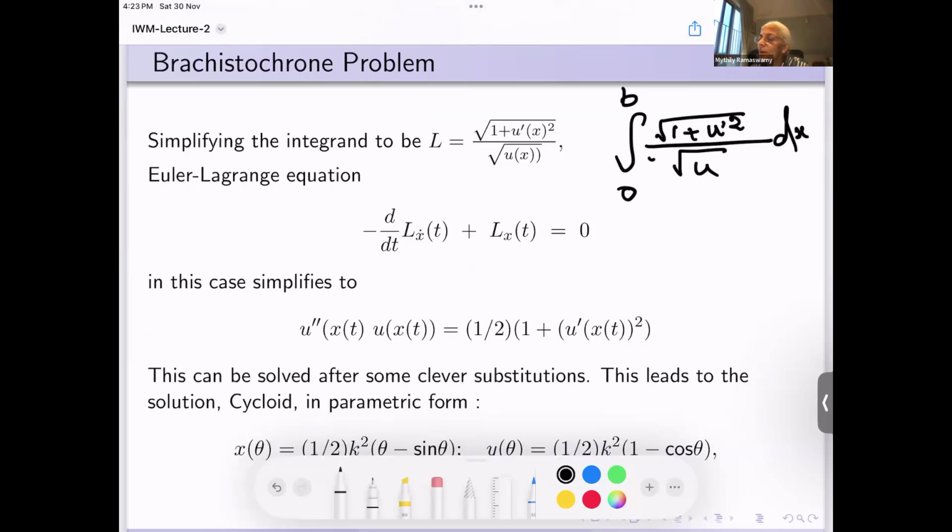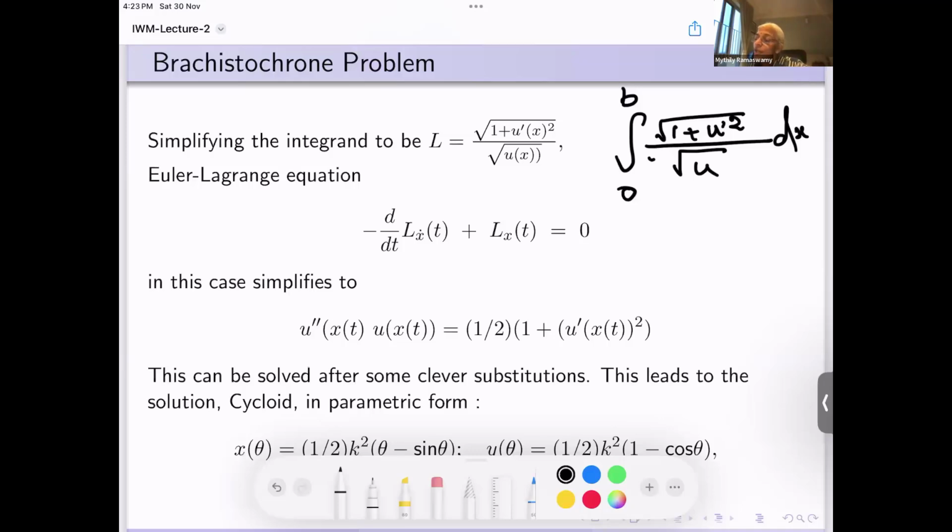It will be L_x minus d by dt of L_x dot. Now, instead of x dot, it will be u dot. So I have to be careful when I am writing. So the u dot, when I apply it, will become u double prime at x(t) into u of x(t), because the square root will give me that, equal to half into 1 plus u prime square. So finally it reduces to this.